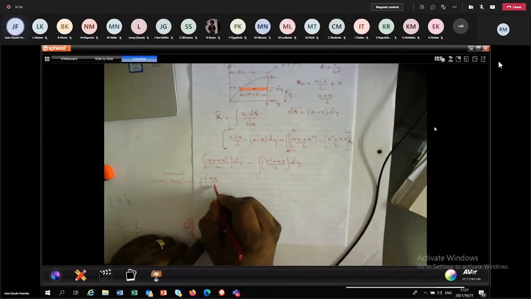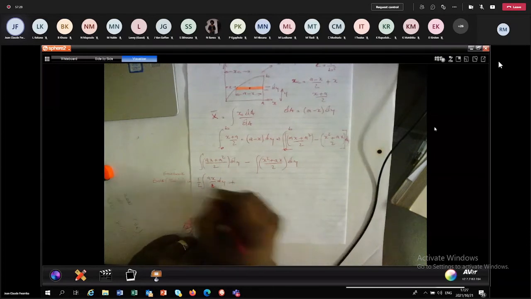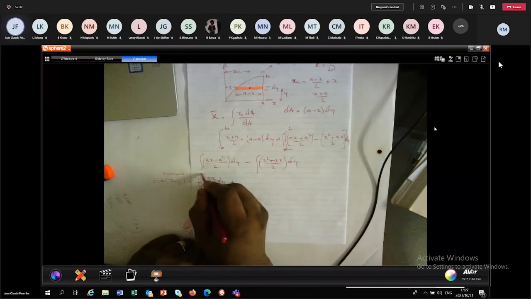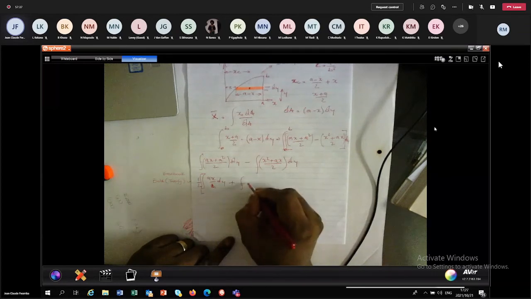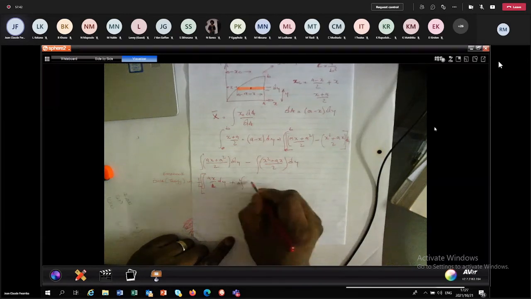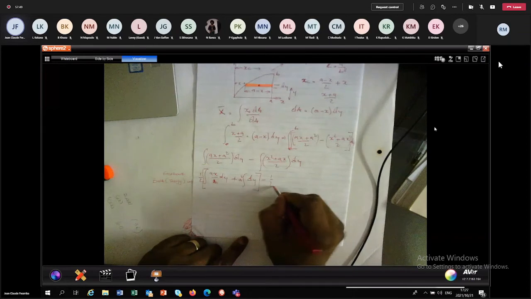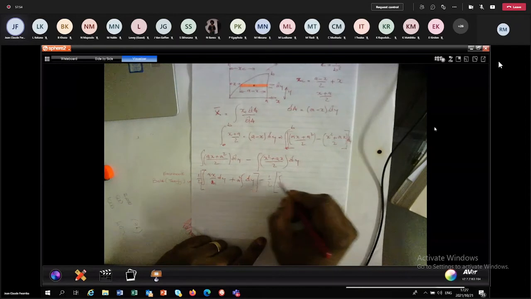So it will be ax dy plus the integration of a squared dy, all right, minus, we can take that out as well, the integration of x squared dy.